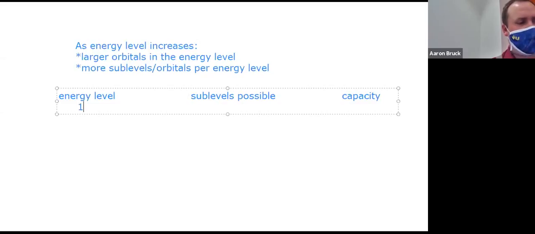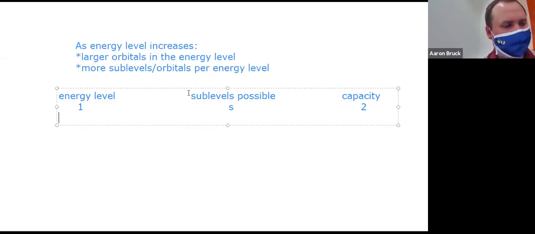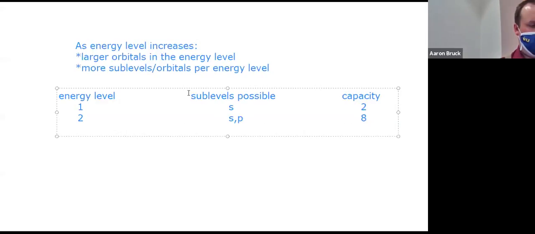So in the first energy level, the only sublevel that is possible is the S. The S has a capacity of 2 electrons. In the second energy level, S is possible, but now we also introduce the P sublevel. The P sublevel has 3 orbitals in total, which means that the second energy level can hold 8 electrons in total. The third energy level is capable of holding S, P, and D sublevels.